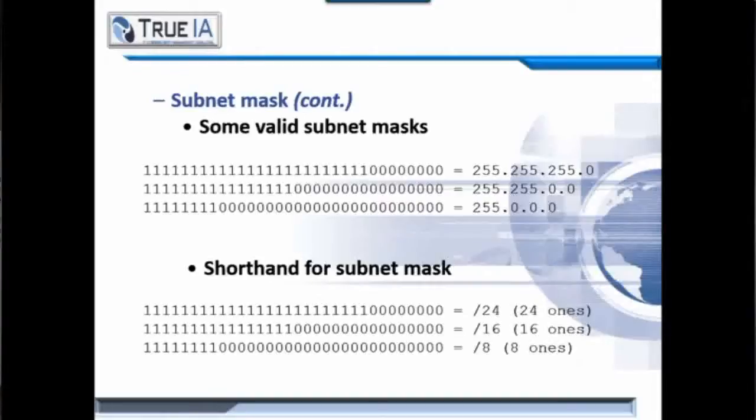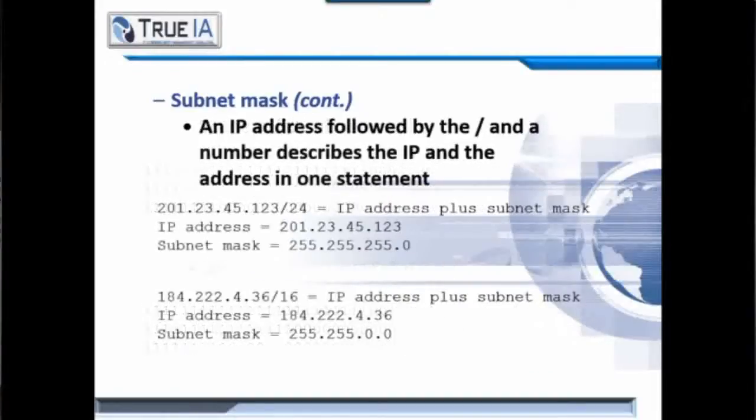We call that CIDR notation. So essentially an IP address followed by the slash and then a number, all it's doing is describing the IP and the subnet mask in one simple statement rather than requiring two different lines to say the same thing.